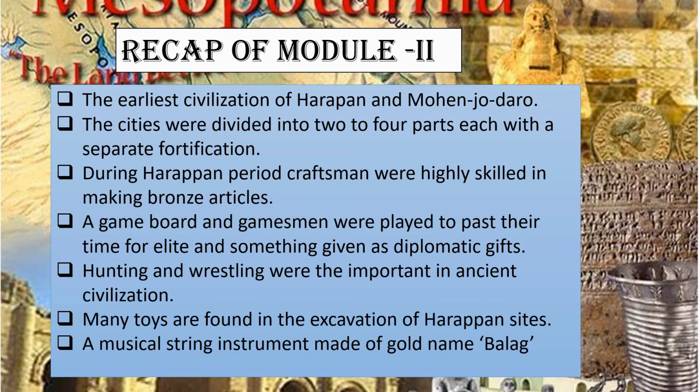A game board and gamesmen were played with to pass time by the elite, and some were given as diplomatic gifts. Hunting and wrestling were important in ancient civilization. Many toys are found in the excavation of Harappan sites. A musical string instrument made of gold named balag.